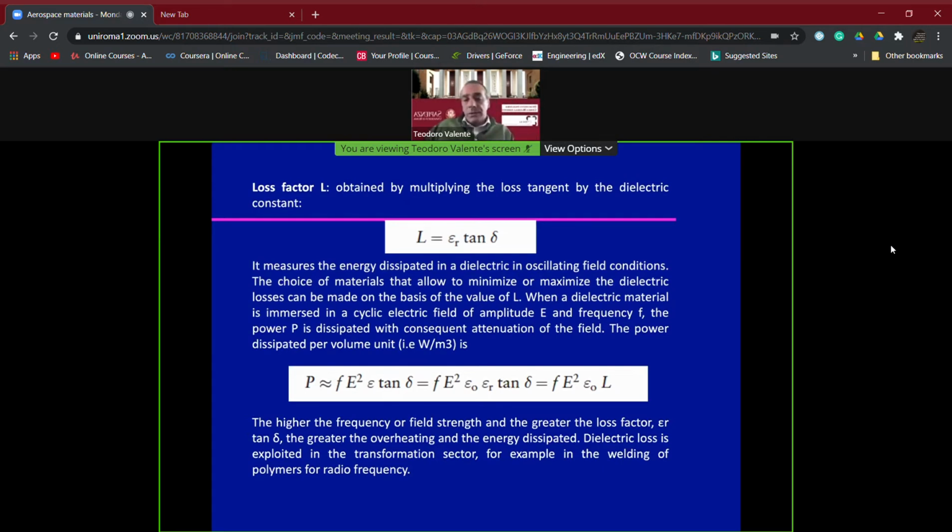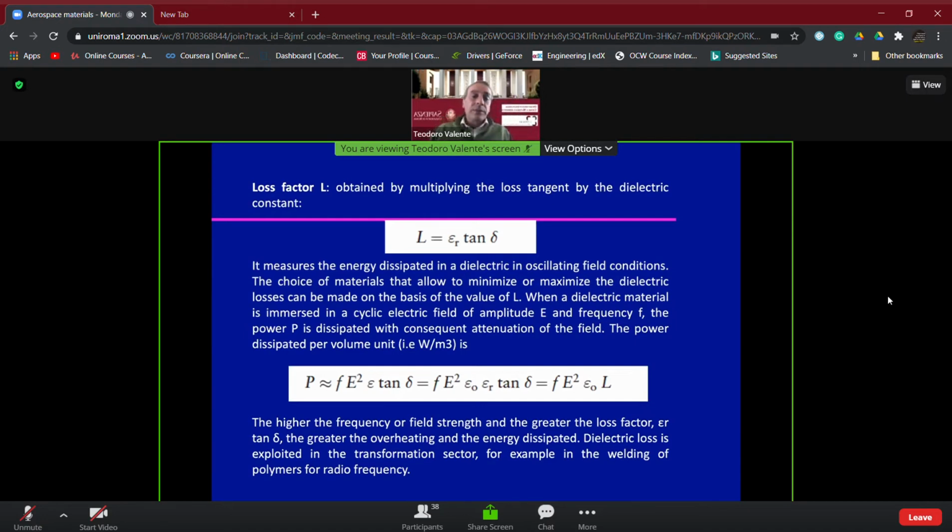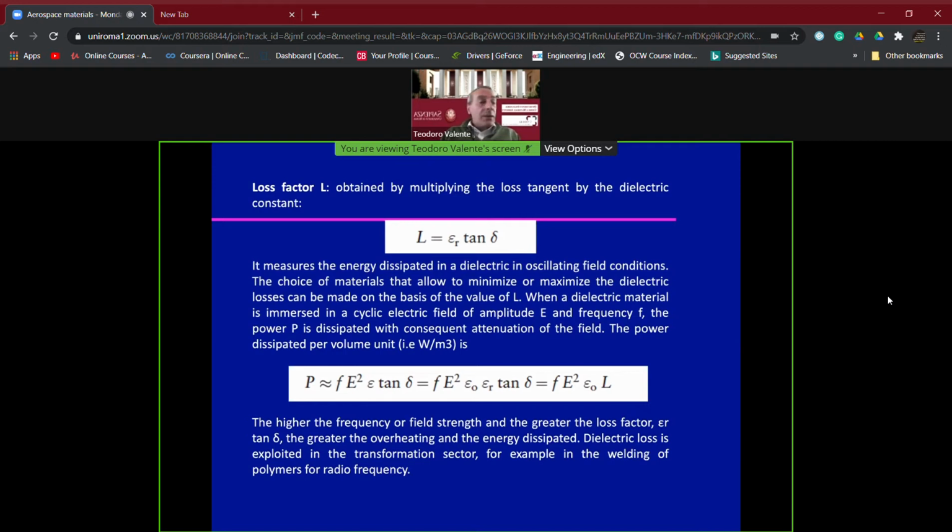Obviously, we need to think in this case of polymers with a melting point, not thermoset materials but thermoplastic materials. So when we want to use this dissipated heat for welding, we need to put in place all the conditions which can maximize the dielectric losses.